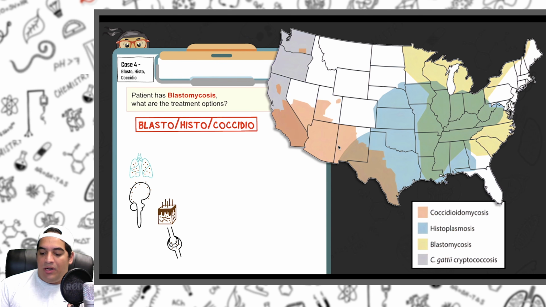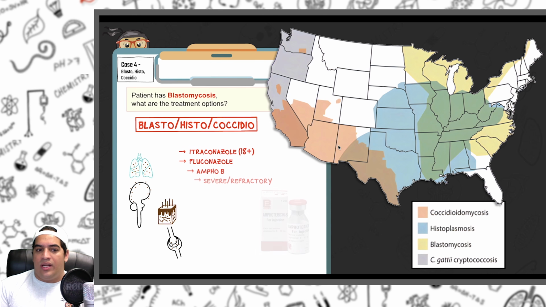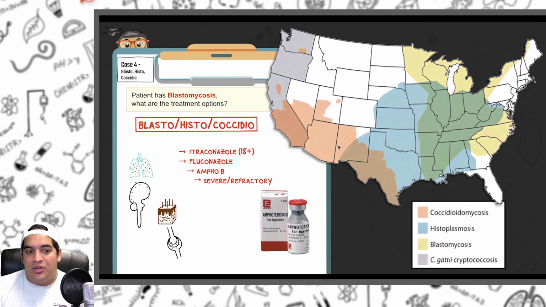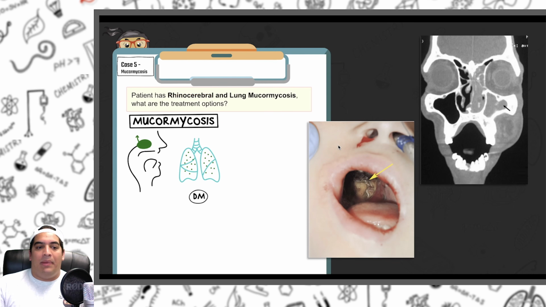So it's obviously dependent upon the geographic location, but either way it can cause pneumonia, meningitis, skin, bone infections. So because of that, what are the particular treatment options for blasto, histo, or coccidio? What is it? Itraconazole is first line. Fluconazole is another option. And then you can consider adding on amphotericin B to fluconazole, especially in those severe refractory cases.